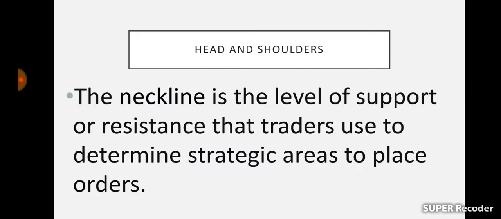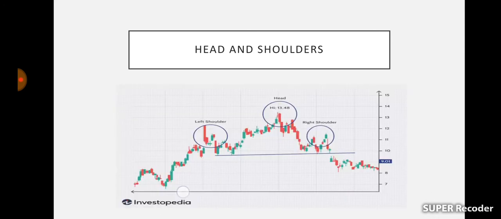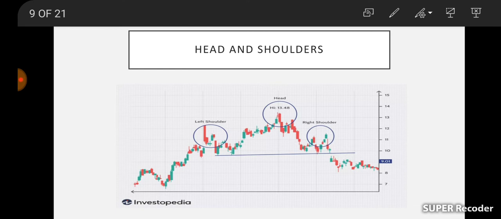The neckline is the level of support or resistance that traders use to determine strategic areas to place orders. Here this is the neckline. A key element of the pattern is the neckline. The neckline is formed by drawing a line connecting two low price points of the formation.